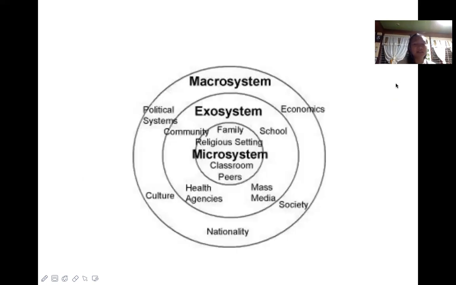In the context of this theory, instead of mesosystem, they call it the exosystem, because it's already outside the microsystem.